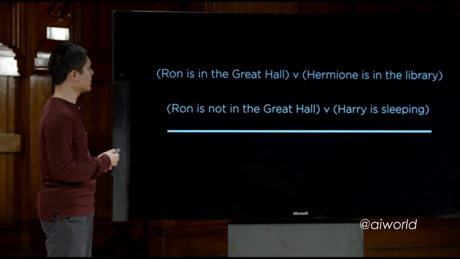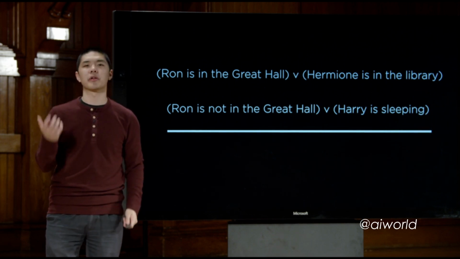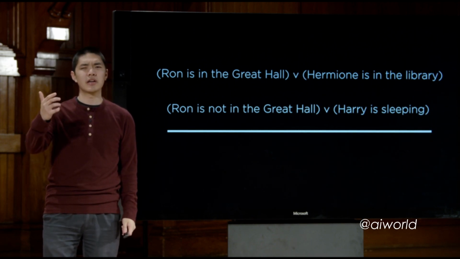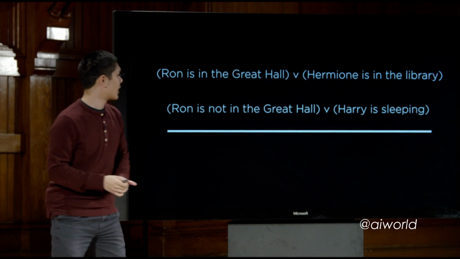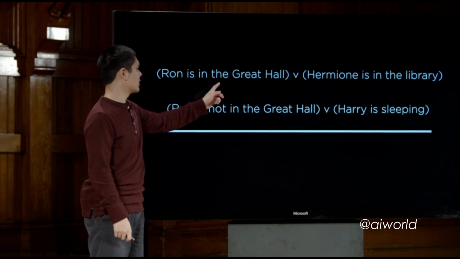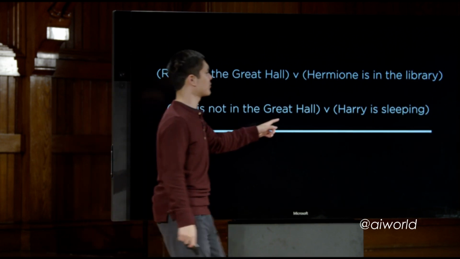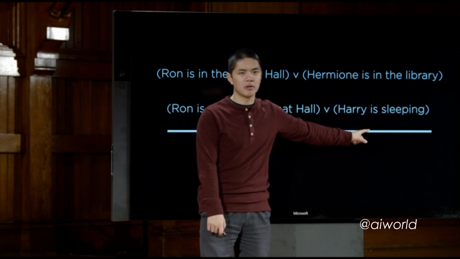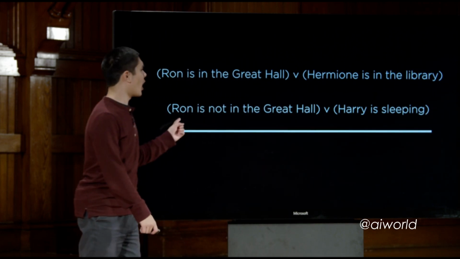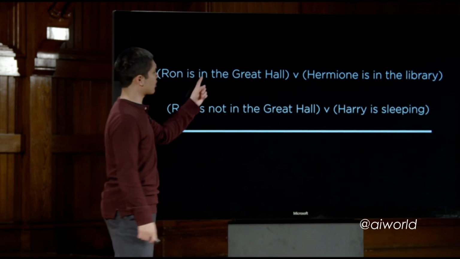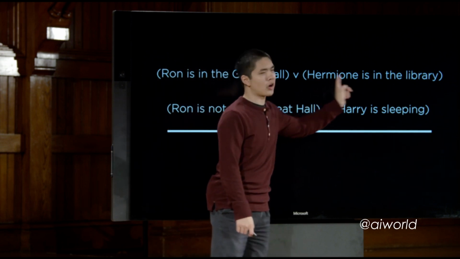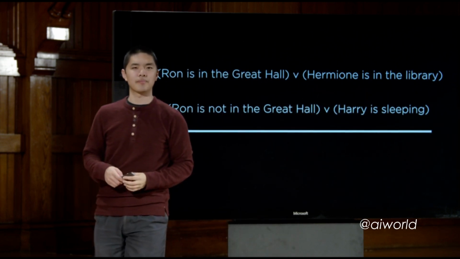What do I know here? Well, again, for any propositional symbol, like Ron is in the Great Hall, there are only two possibilities. Either Ron is in the Great Hall, in which case, based on resolution, we know that Harry must be sleeping, or Ron is not in the Great Hall, in which case we know, based on the same rule, that Hermione must be in the library.